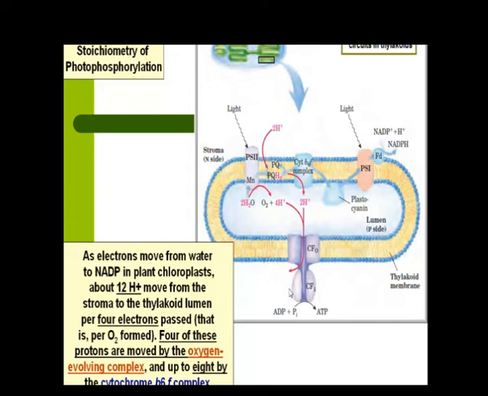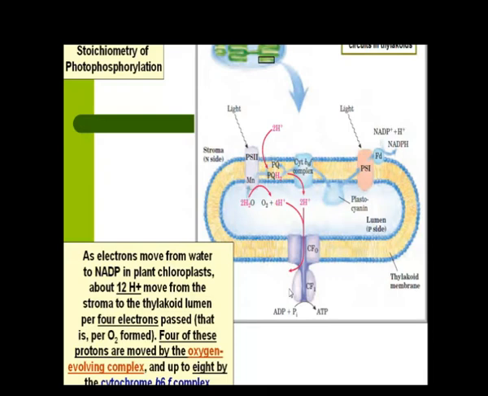The energy which is involved in throwing the hydrogen out is used to combine ADP and Pi to form an ATP. Okay, and this is in conjunction with cytochrome b6f. Electrons go from plastoquinone PQH2 to cytochrome b6f, and from cytochrome b6f to plastocyanin.